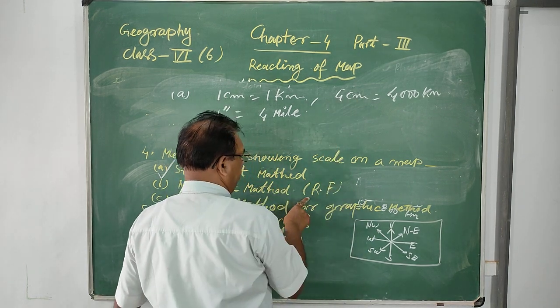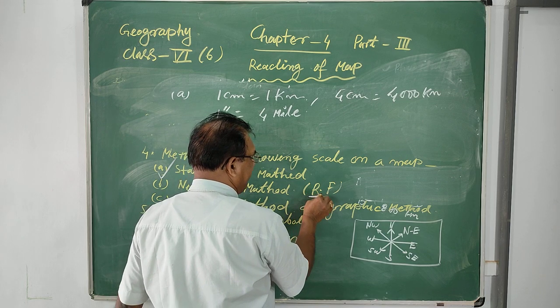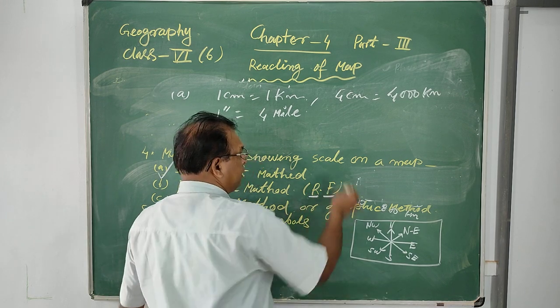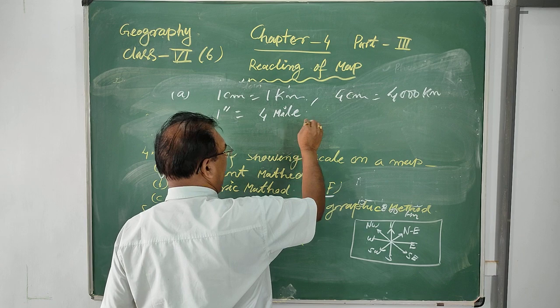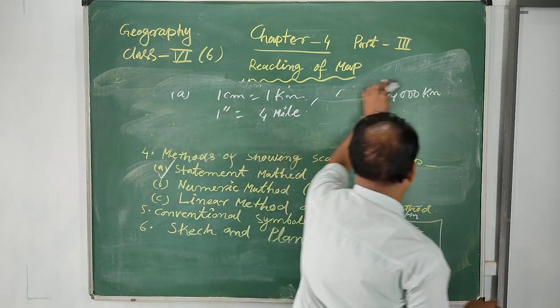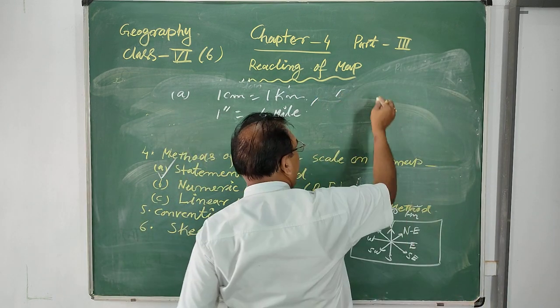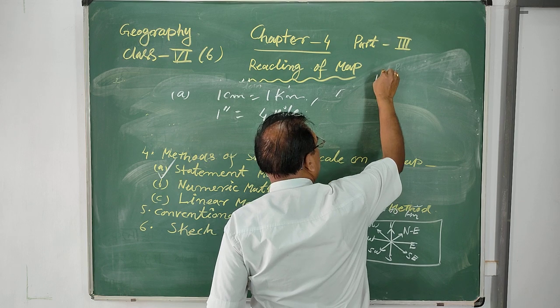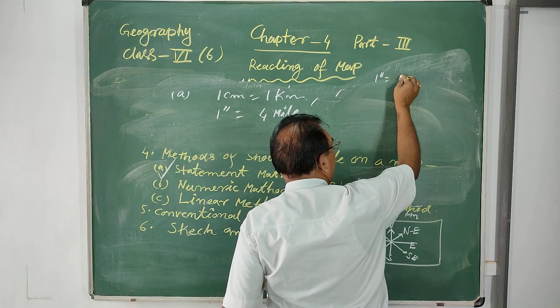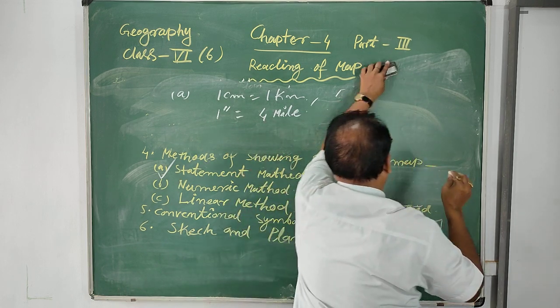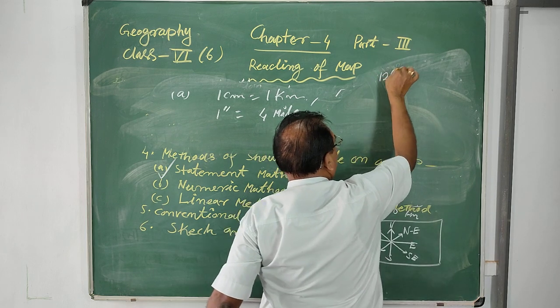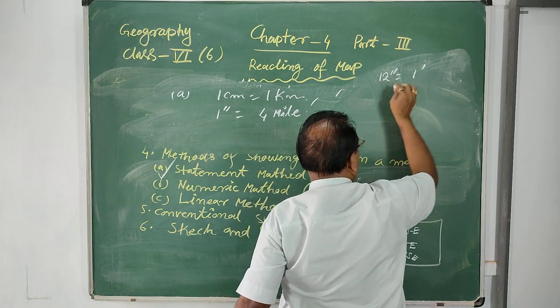It is also known as the representative fraction. You will also learn about this. 1 foot is equal to 12 inches.